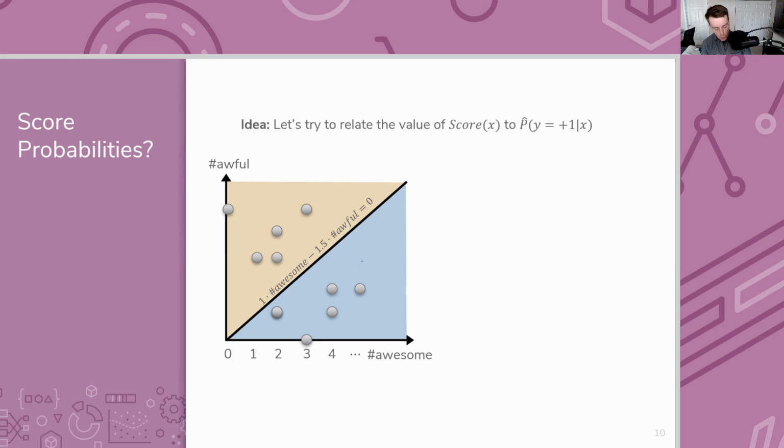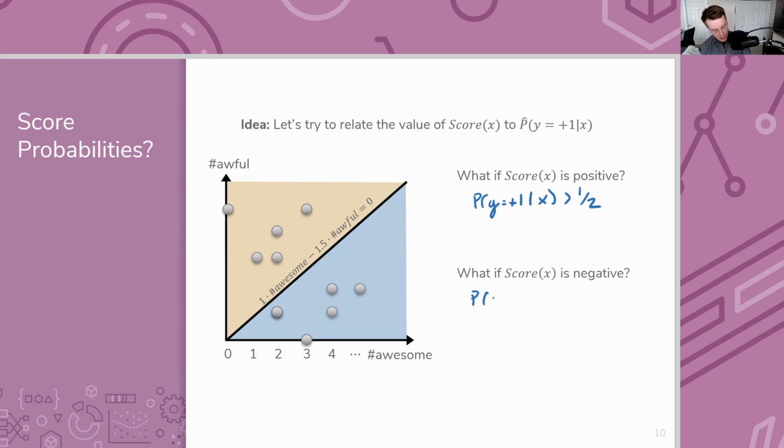So if the score that we find is positive, we're going to relate that to the probability that's saying that the probability of seeing a positive sentiment there, given x, is going to be greater than 1/2. So if it's a positive score, we want to associate that with a greater than 50% chance of being a positive label. What if the score is negative?